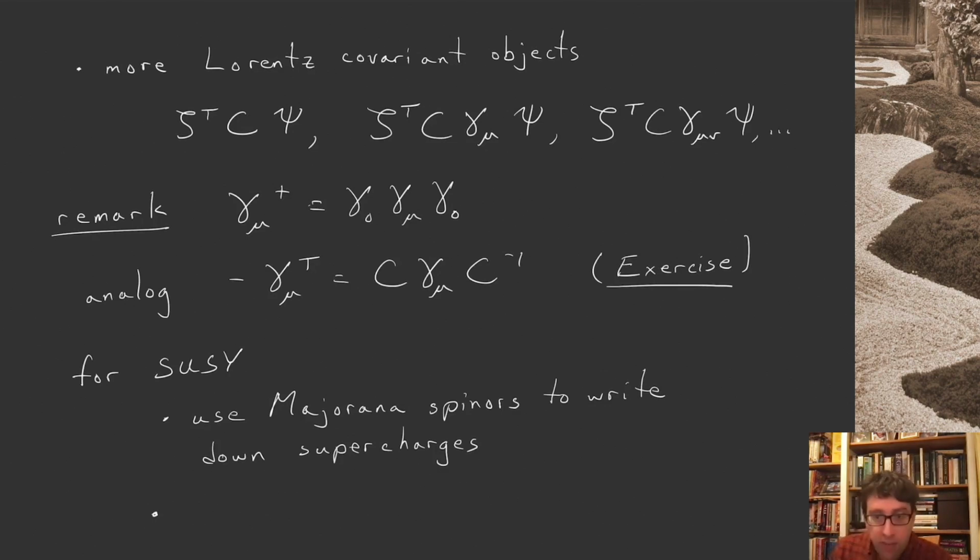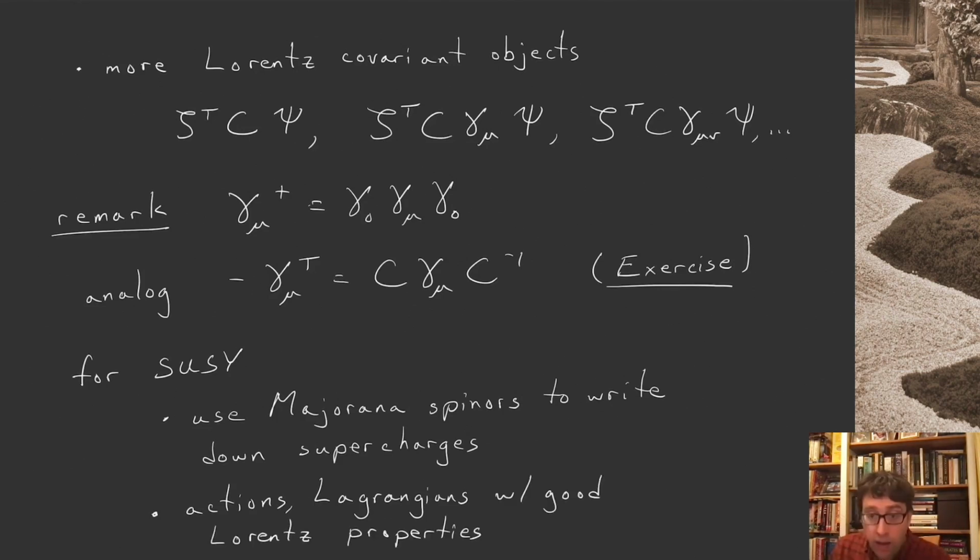And another thing that's in the back of my mind is that we want to write down actions and Lagrangians that have nice properties under Lorentz transformation. Actions and Lagrangians are scalar quantities, and so I definitely need to know how to write a Lorentz invariant scalar to write down a supersymmetric action that involves fermions. So those are some reasons for why we're going through all of this.